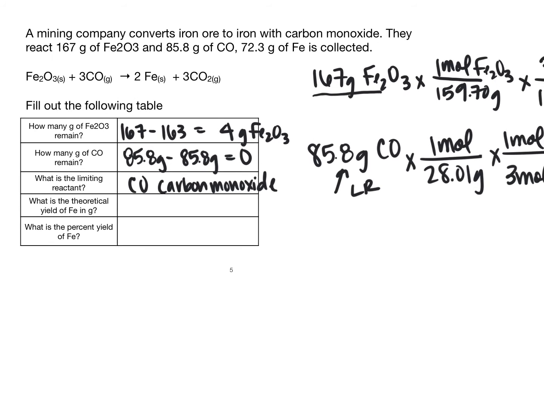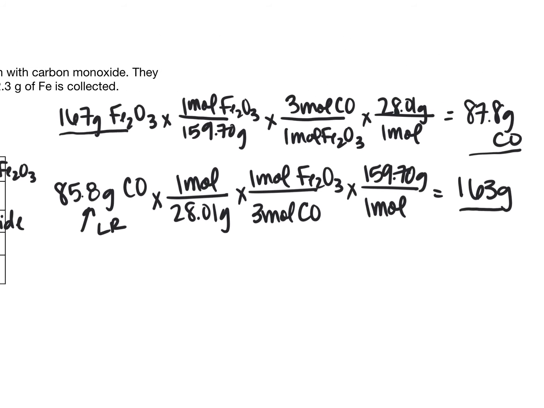So we were able to determine that looking at these equations over here, where this side is what we have, and the other side is what we need. What we have is what we started with. What we need is how much we need to use this all up.